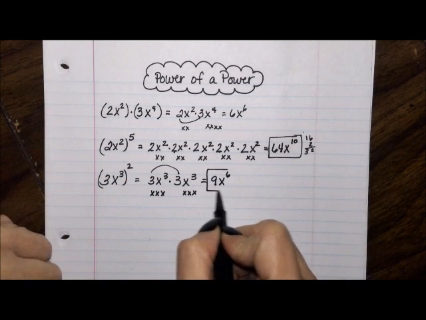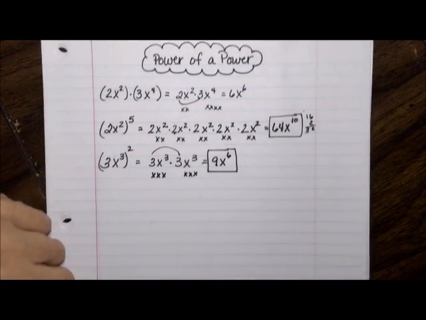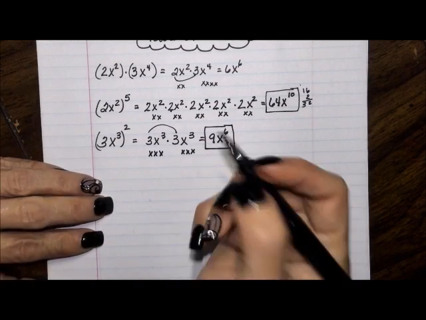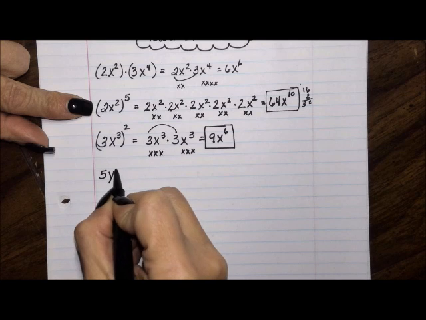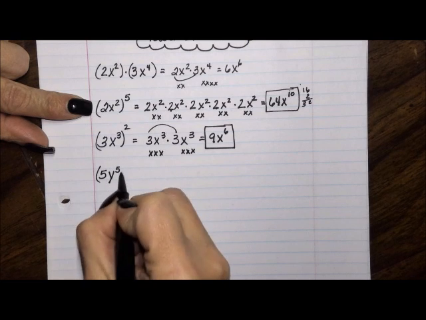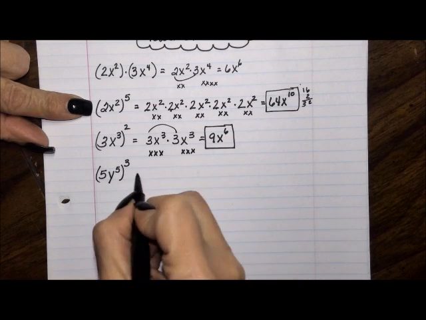Remember, our goal is to try and come up with a rule. We always seem to have these rules that we come up with. Let's do one more. Let's do 5y to the 5th and we'll cube it.